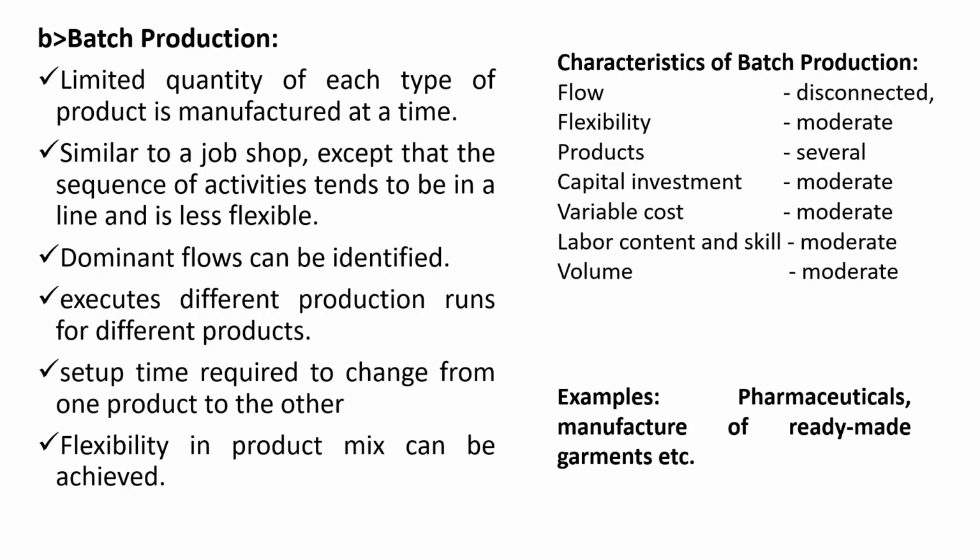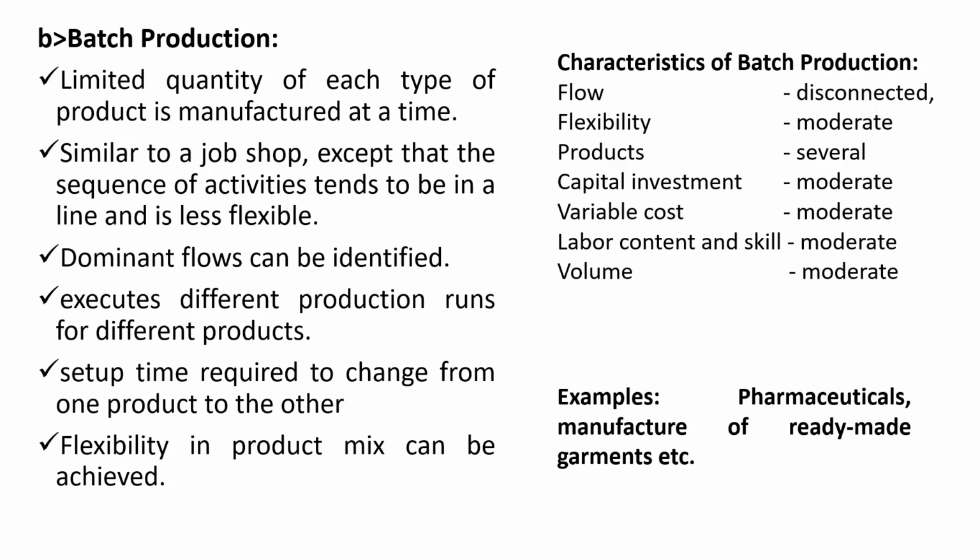Here one can identify the dominant flows. The activities while in line are disconnected from one another. So maybe a part of the product flow is in line and the other parts are disconnected from it. A batch process executes different production runs for different products.